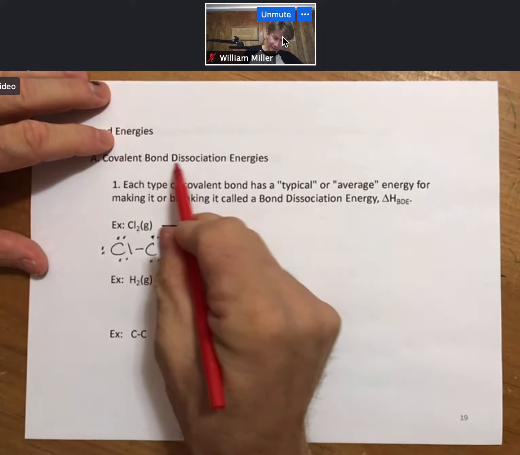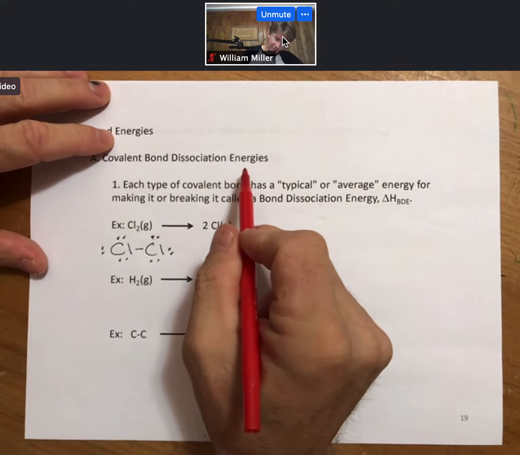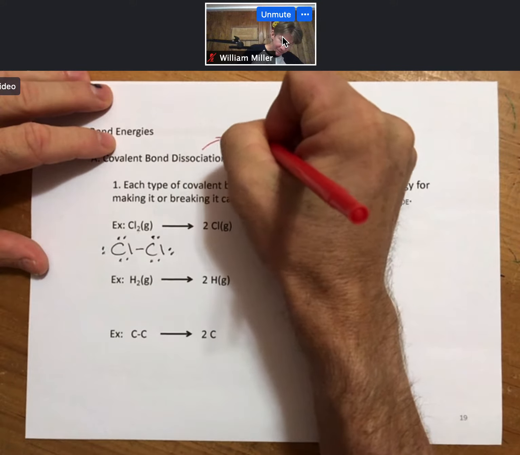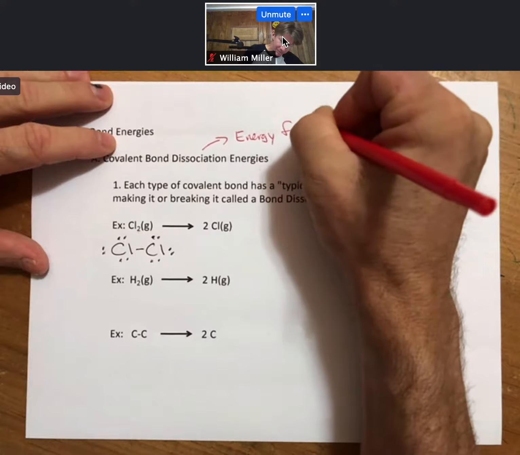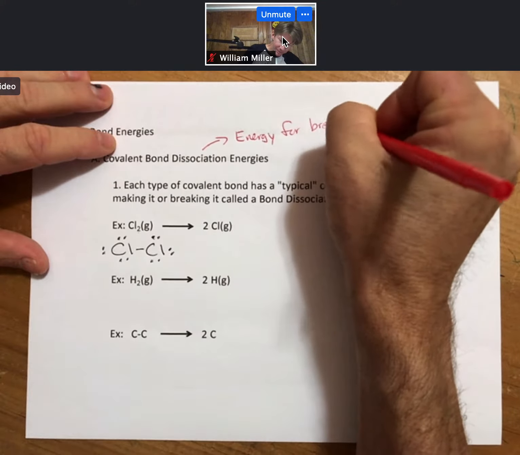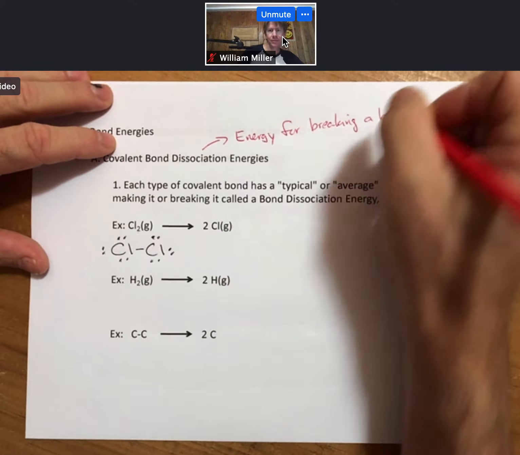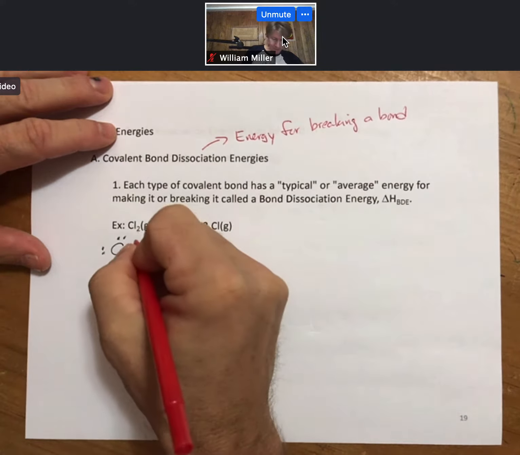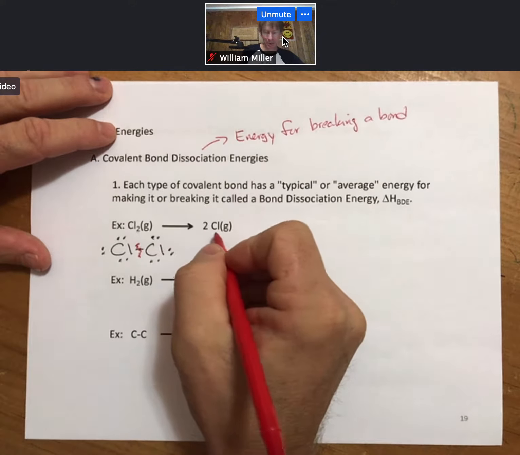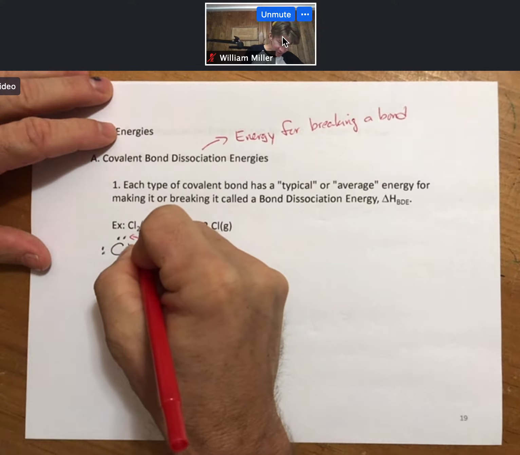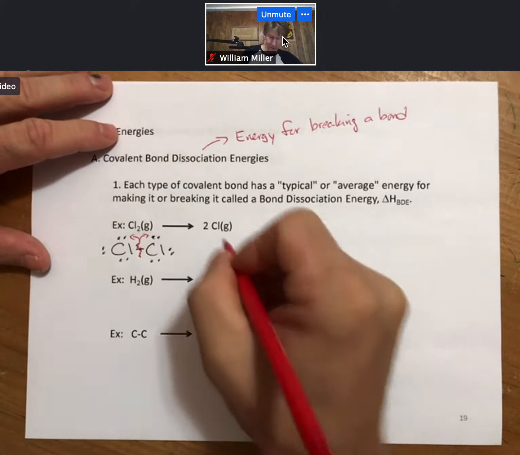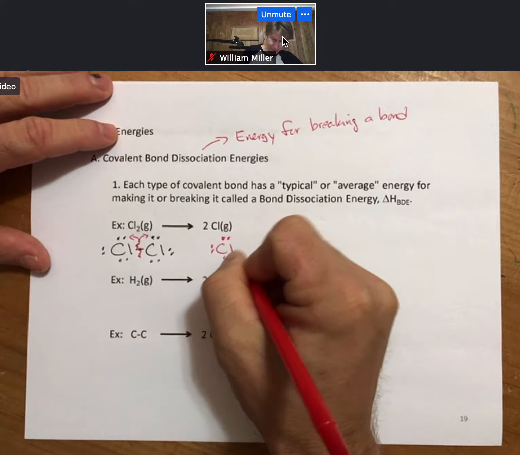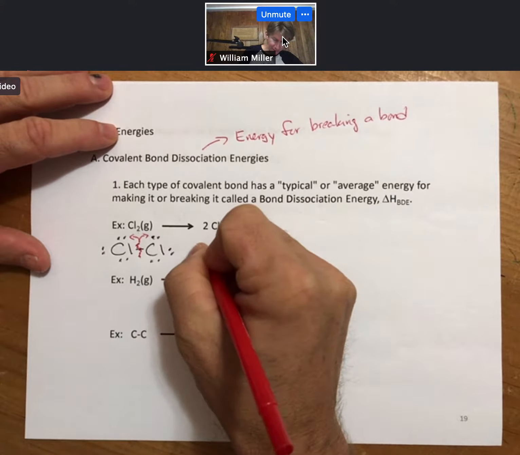And then the bond dissociation energy is going to be the energy for breaking a bond. And we're going to break this bond. And when we break it, we're going to make two chlorine atoms. So each of these gets one of the electrons in the bond. So now we have two chlorine atoms, like so.